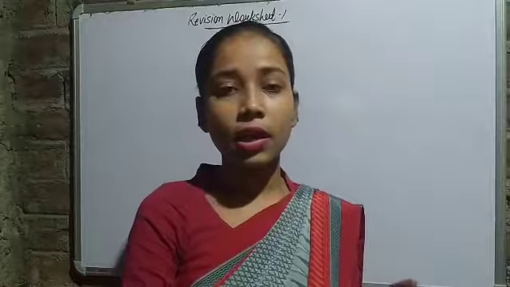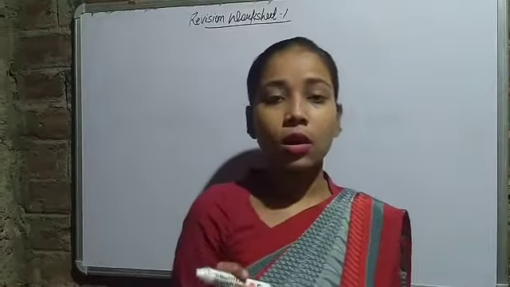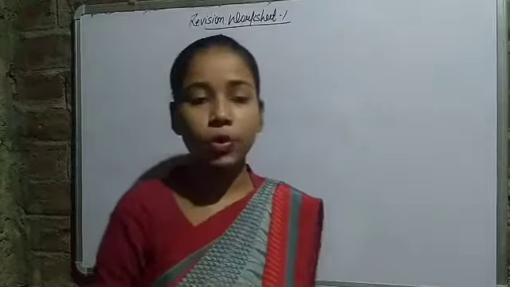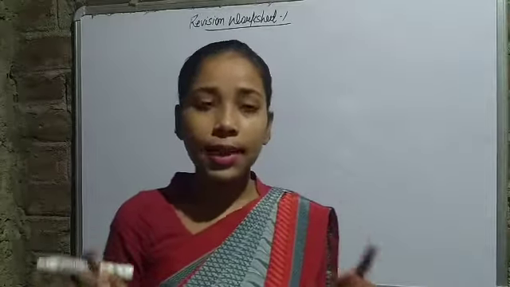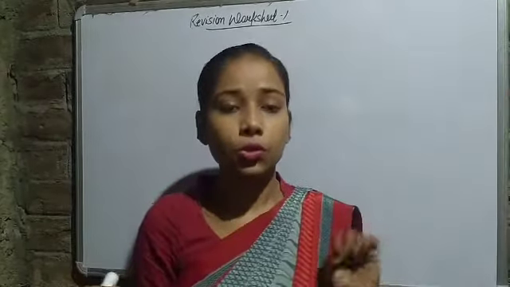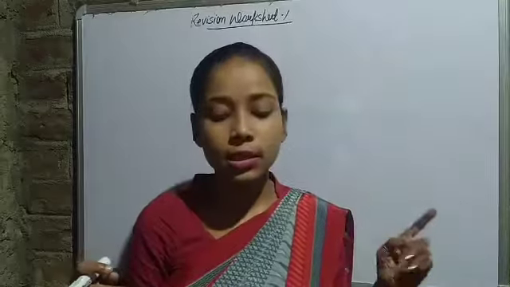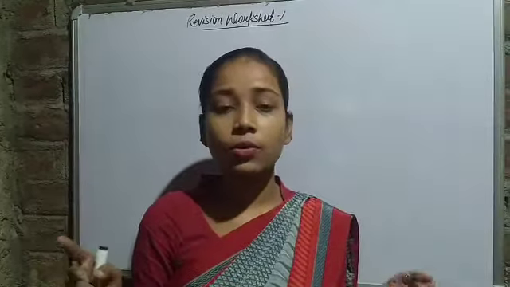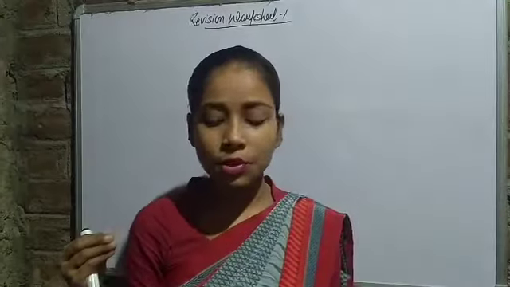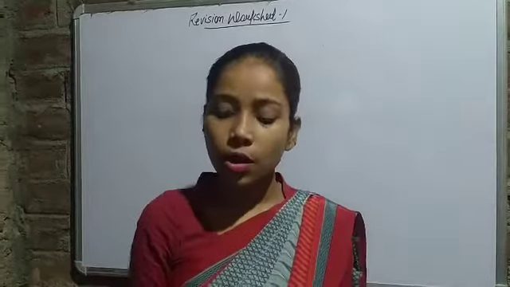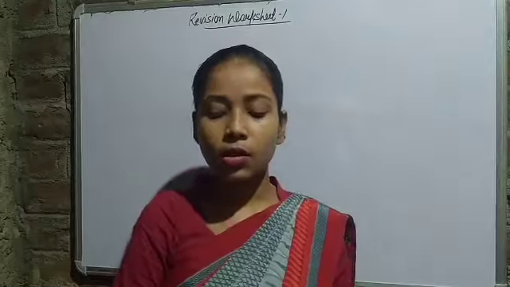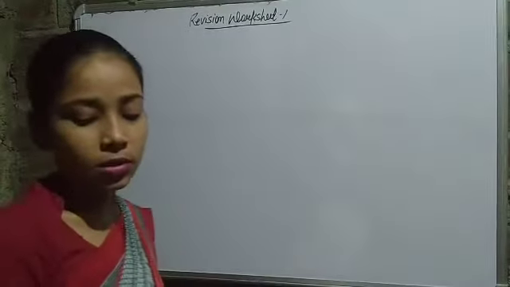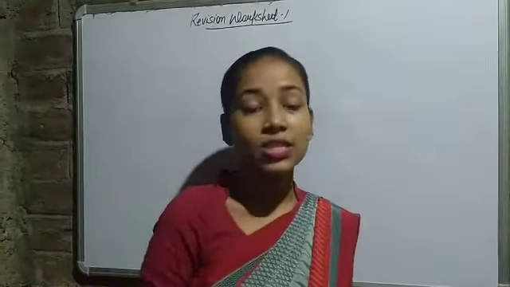In A we had questions from chapter 1, which was alphabet. In B we got questions from chapter 2, which was sentence. And now in C we have questions from chapter 3, which was naming words. So let's start with the naming words here. We have to write person, place, animal or thing next to these naming words.